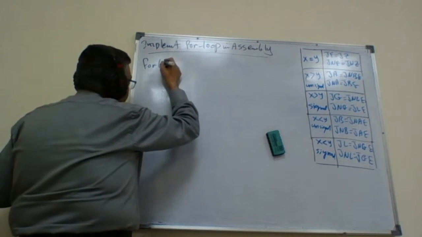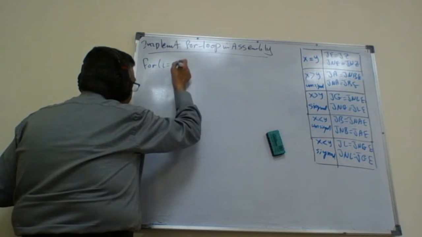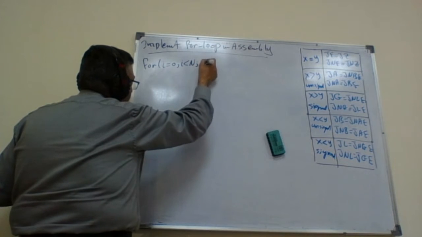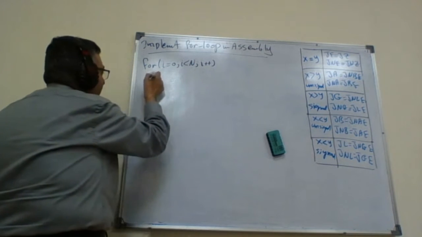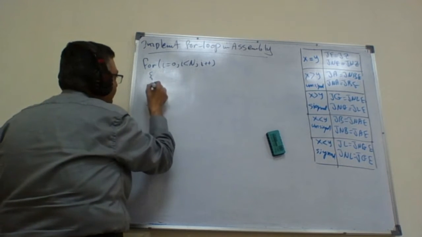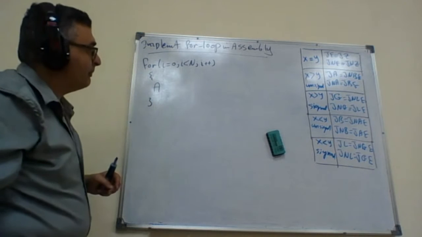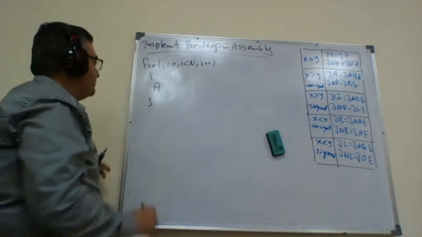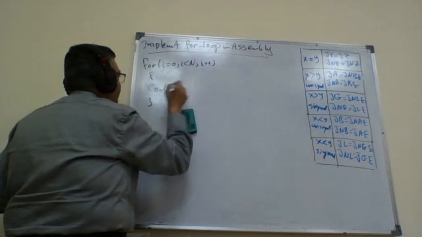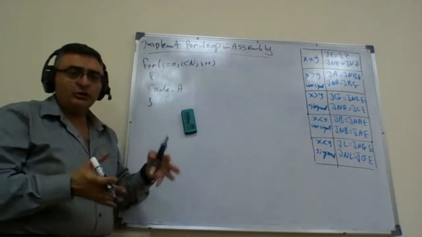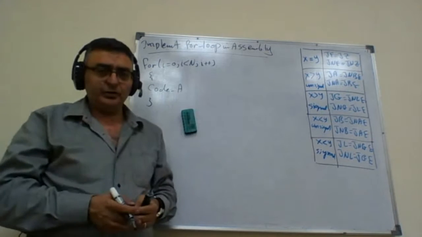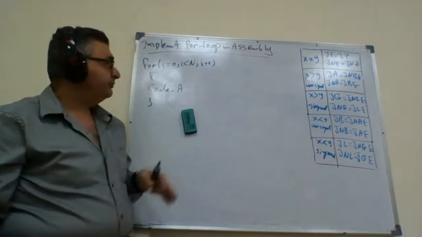Assume that you have a for loop where i equals 0; i less than n; i plus plus, you open the brackets, and you have the code, which I will call code A. Code A is a chunk of code. It's not only one instruction; it's a group of instructions, whatever code you want to perform here.